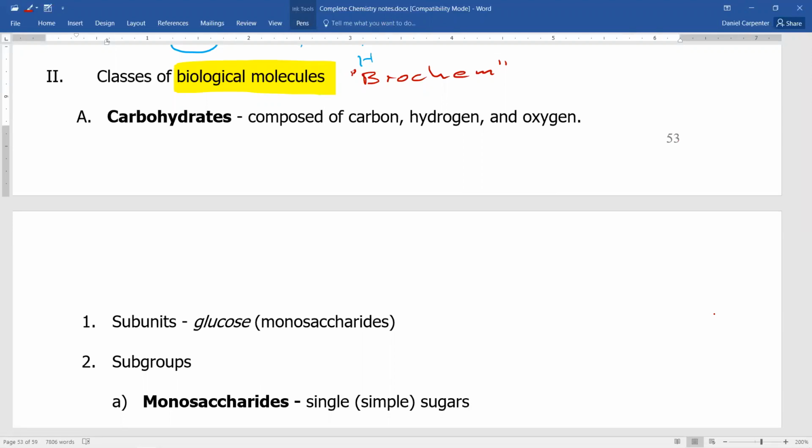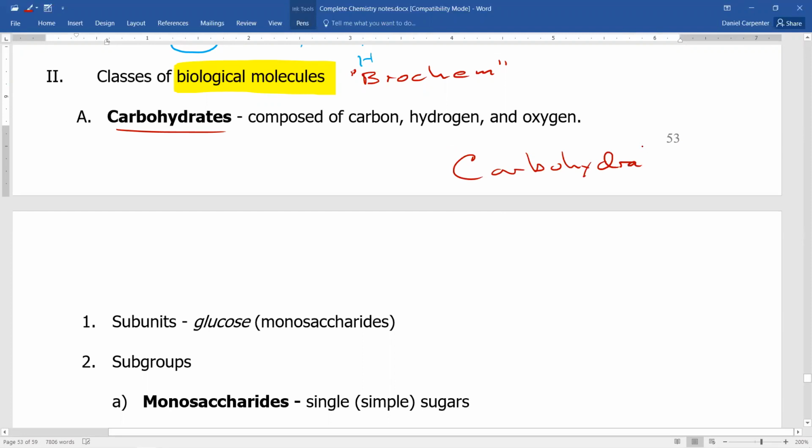The 4 kinds of biological molecules are carbohydrates, which you see right here. Carbs is short for carbohydrate. So, you've heard of complex carbs, and that's complex carbohydrates. We talk about carbs in the diet all the time. You should be familiar with the word carbs.